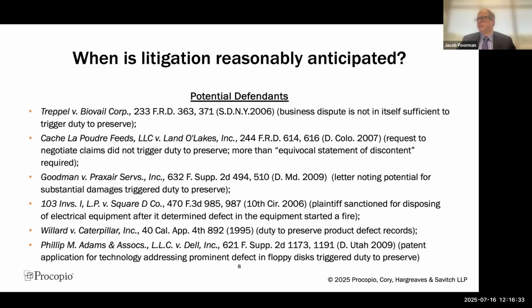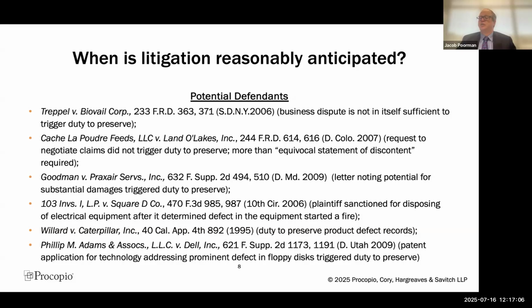For example, a letter from an attorney asserting that the recipient was infringing his client's trademark, and which suggested a negotiation between the parties to avoid litigation, did not trigger the duty to preserve, or at least was held not to in that particular instance. Conversely, a letter noting that the sender had consulted with attorneys and could obtain substantial damages if he were forced to file suit was sufficient to trigger the duty to preserve, even without an explicit threat to sue.